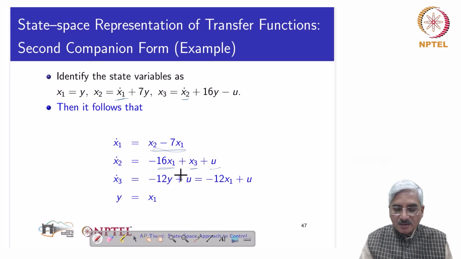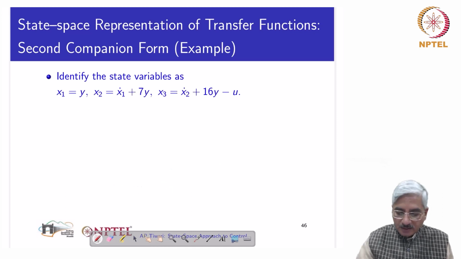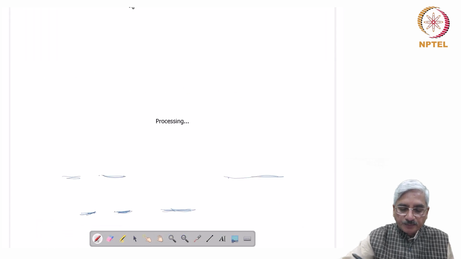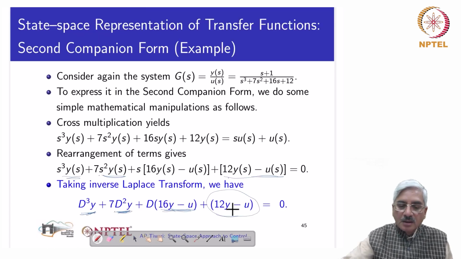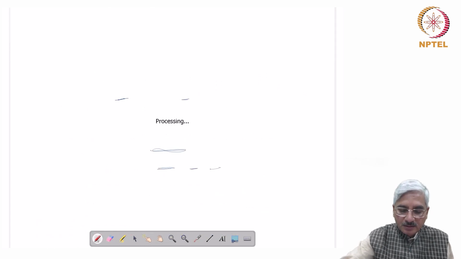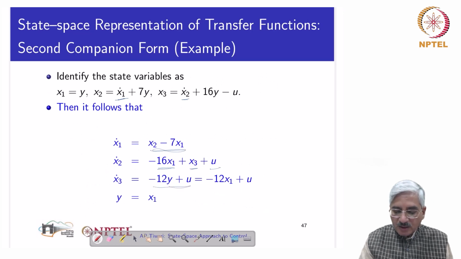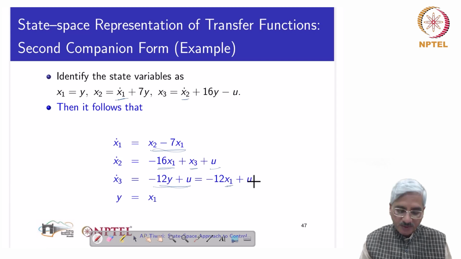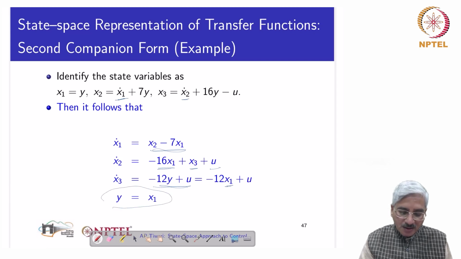And x3 dot was coming from here, this one. So it gives minus 12y plus u. In place of y we substitute x1, so minus 12x1 plus u, and y is the state x1 here.